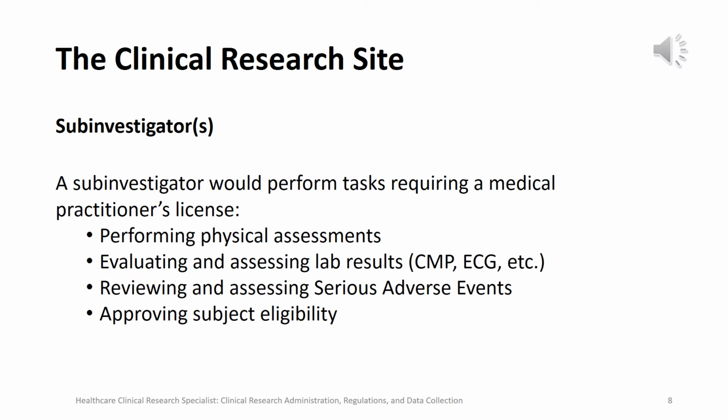They're also able to review and assess serious adverse events, as long as the principal investigator has delegated that task to them. And then finally, they would be able to approve subjects for eligibility. Ordinarily, in most cases, the principal investigator would do that, but in some cases, a sub-investigator could be delegated with that task and be able to perform it.